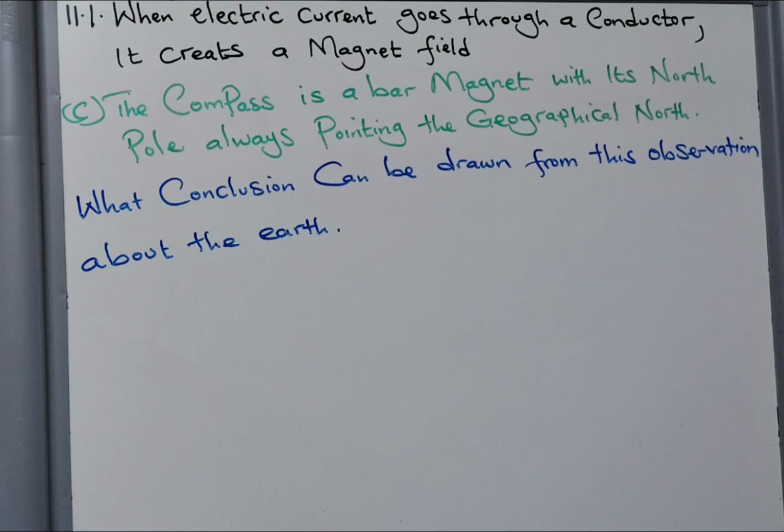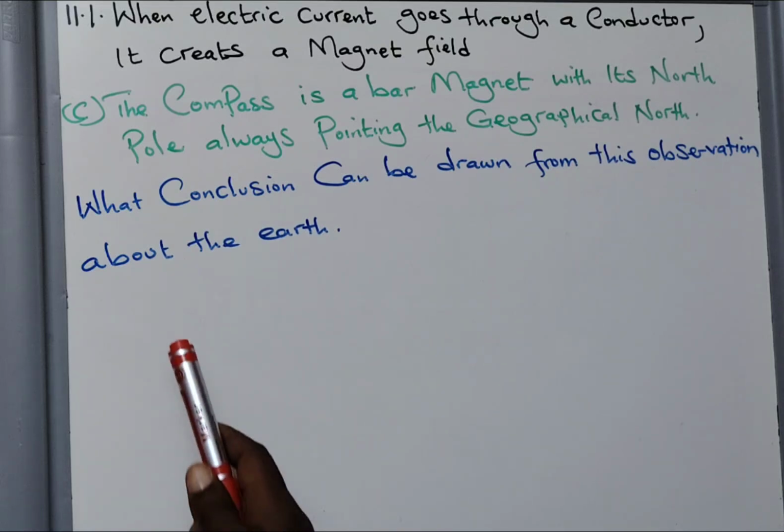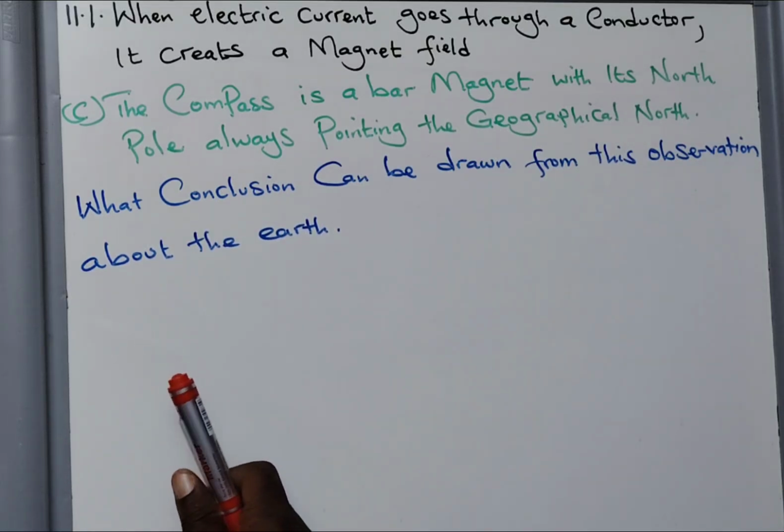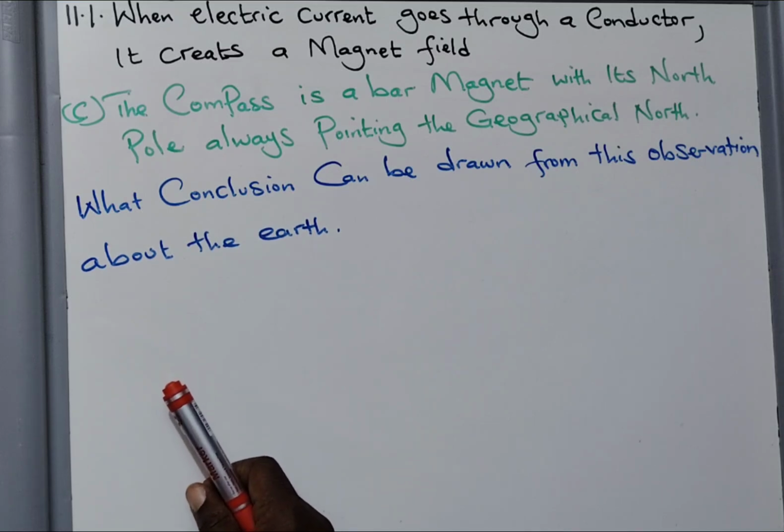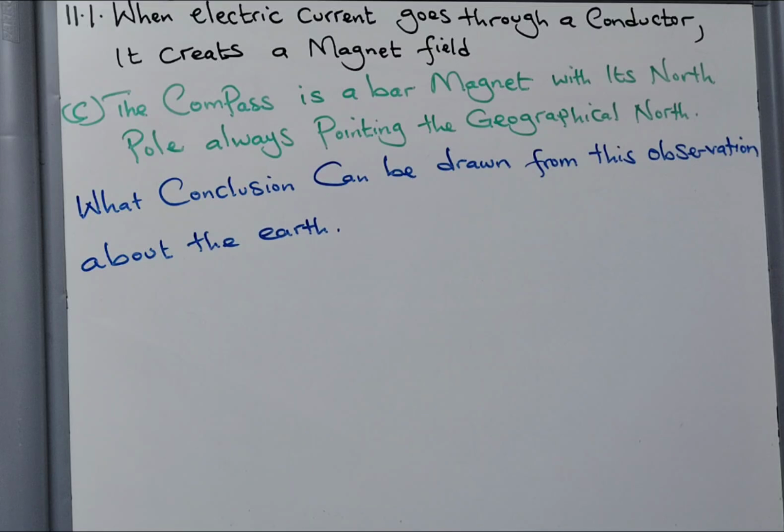What does that mean? The conclusion is that the Earth itself is a magnet. But what we call the geographical north is its south, and what we call the geographical south is its north. Why do we say so? If the magnet points towards north, it means that the north is the south, because north and south attract.